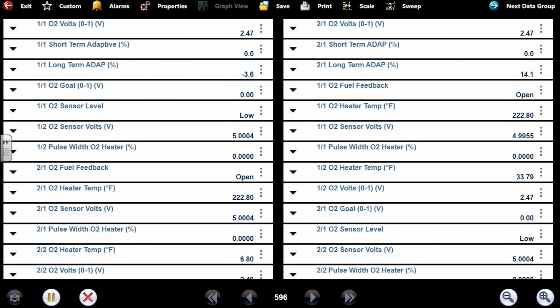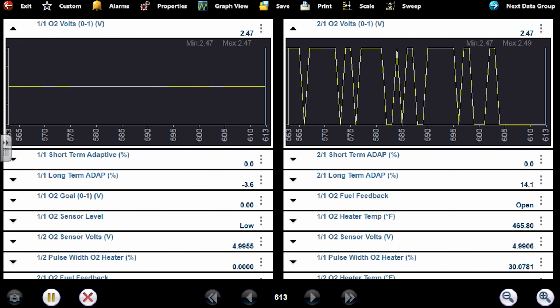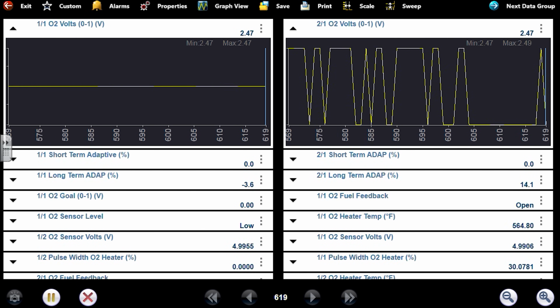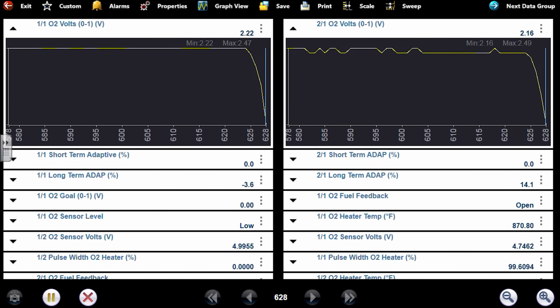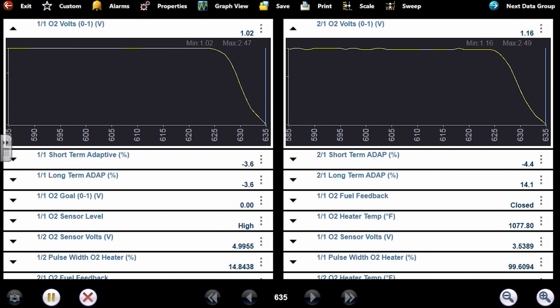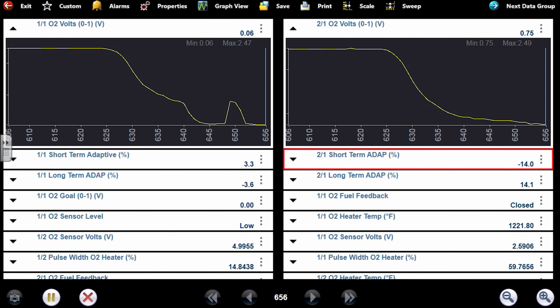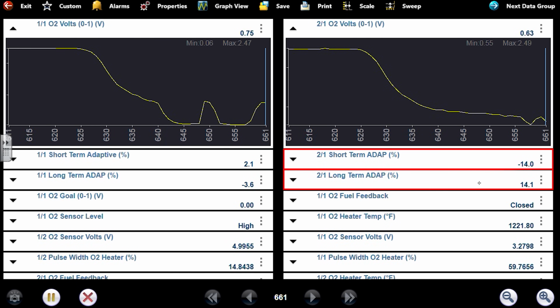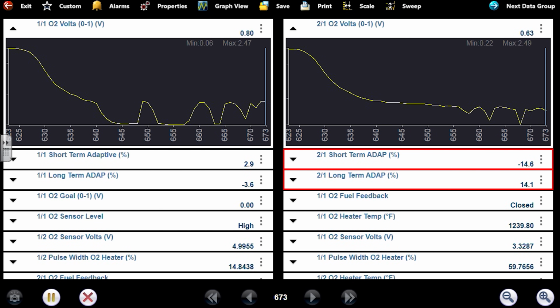All right, starting it. I'm interested in how fast these warm up. Ignore those spikes. That's just a real narrow scale right now. All right, you see how those sensors dropped real quick? Both the heaters are working, so that's a good first check on these O2s. The minus short term on bank 2 is countering the long term, so whatever problem was there before is not there right now.